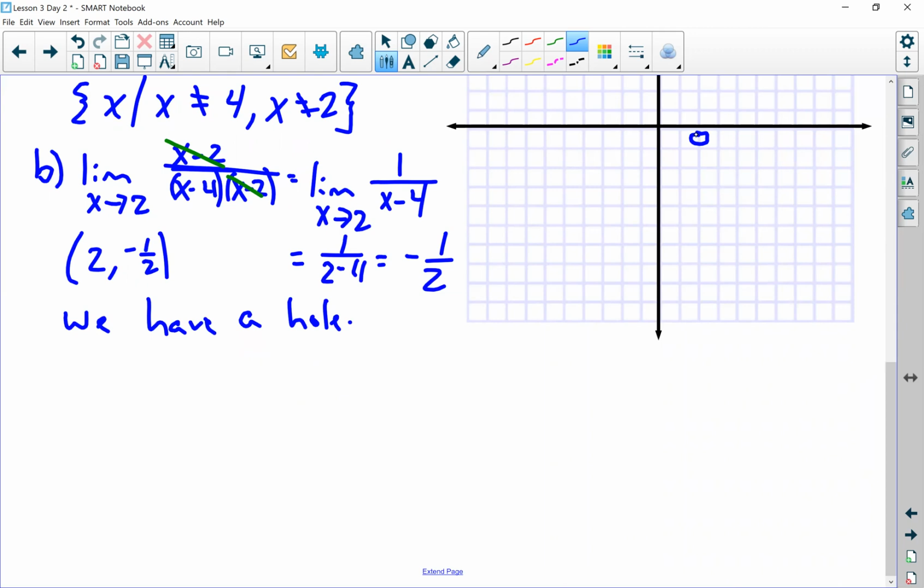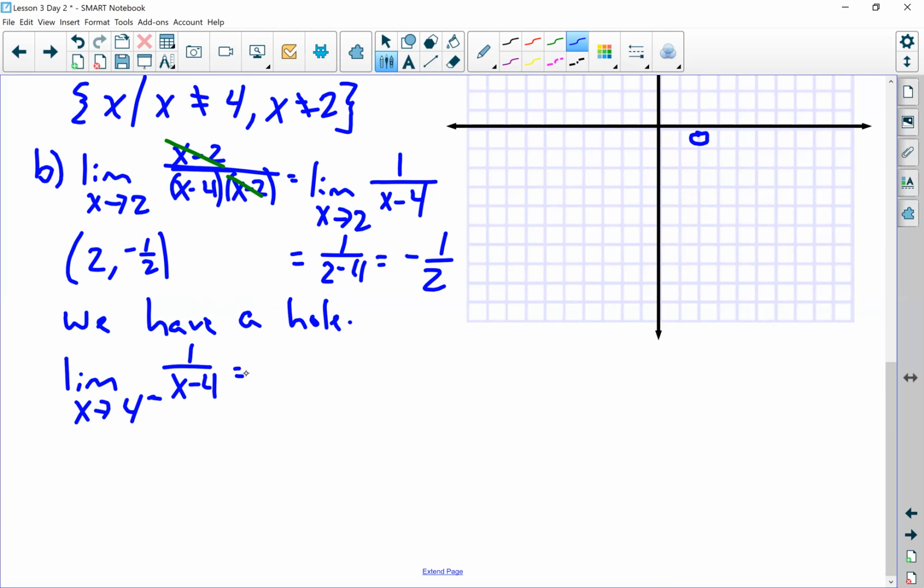For x equals 4, we're going to take a look at approaching from the left and the right. So if we take the limit as x approaches 4 from the left, and again, we can use that factored form, makes it a little bit easier to work with. So we have, well, if x was 4, what would our denominator be? 0.